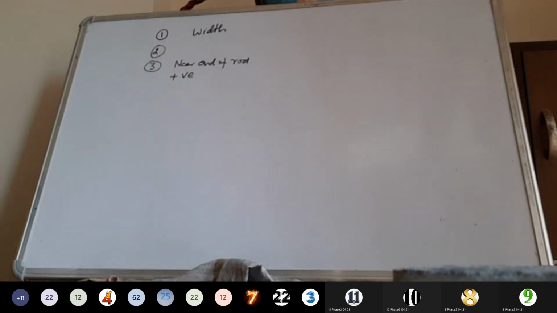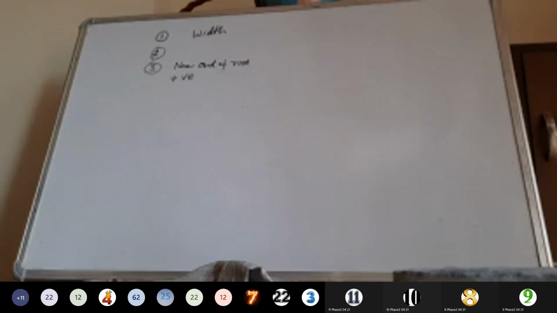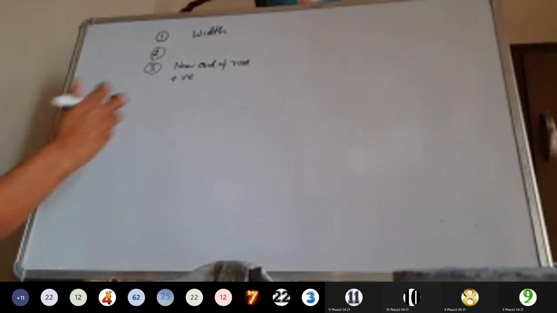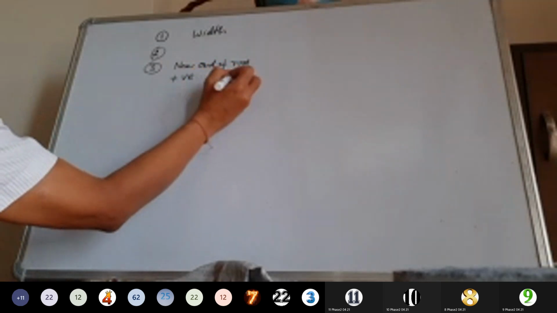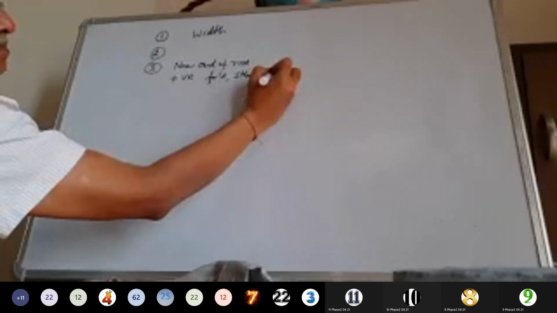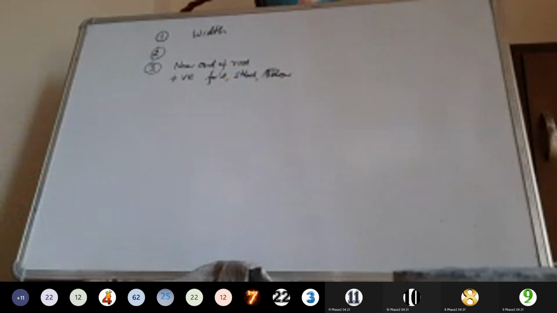The near end of the rod is taken as positive if it is forward of the compass position, or starboard side of the compass position, or below the compass position.